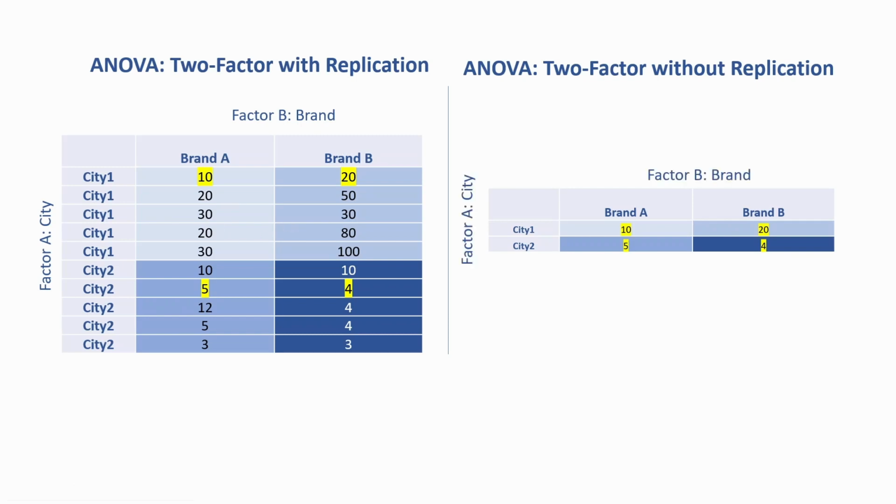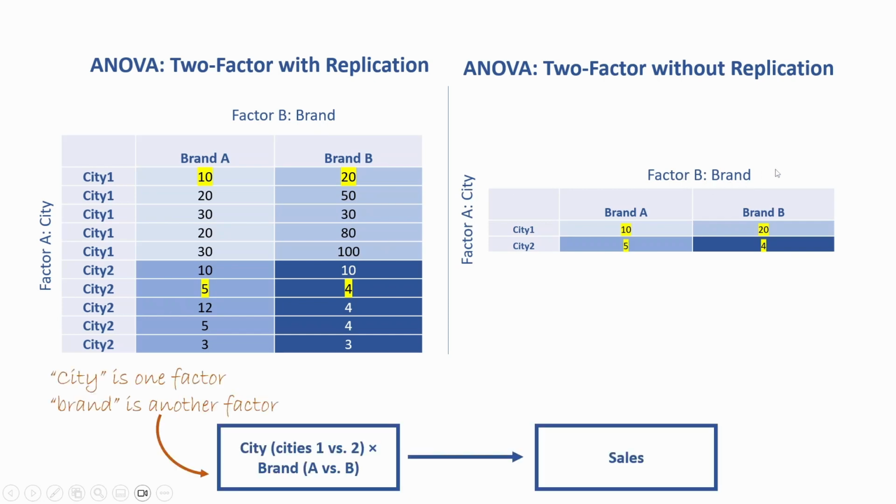So here, there are two factors, the same as with replication. One factor is region, another factor is the brand. So actually, regardless of with versus without replication, the model is the same.